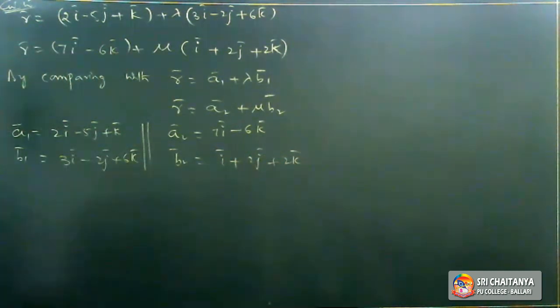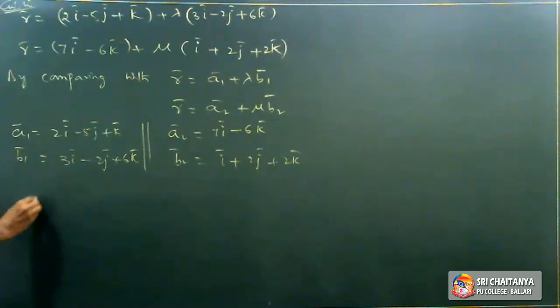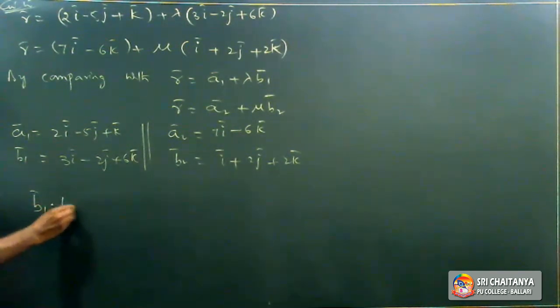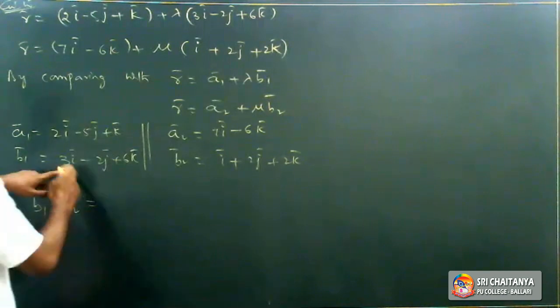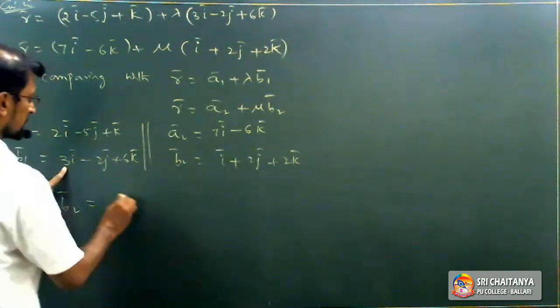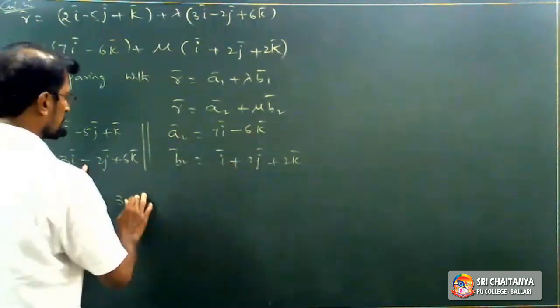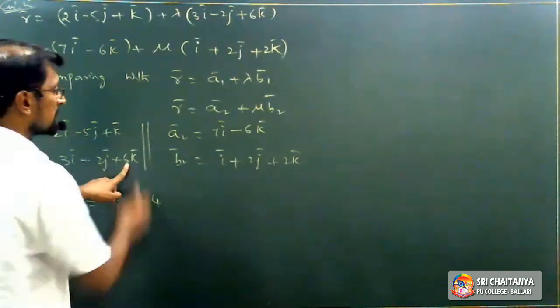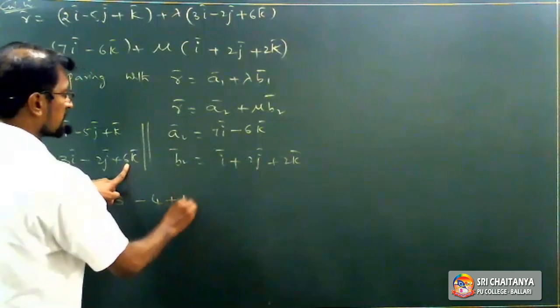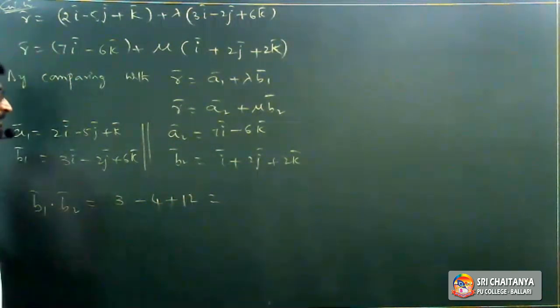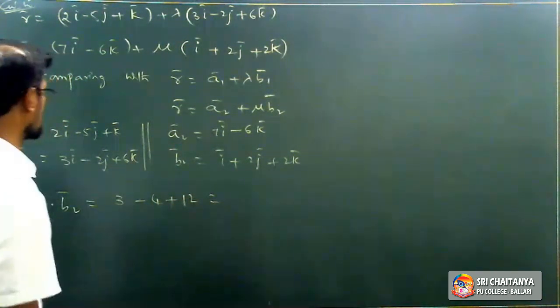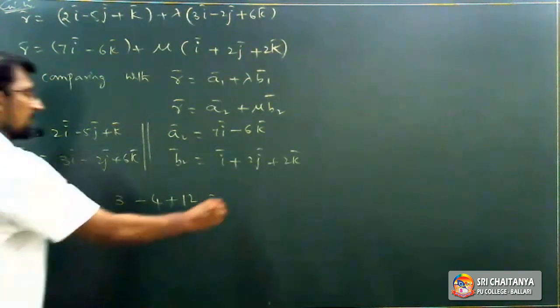Right? Now find B1 bar dot B2 bar, which is equal to a1 a2, 3 into 1, 3, minus 2 into 2 is equal to minus 4, 6 into 2 is equal to 12. Observe this one clearly. That means you are going to get 11 here.